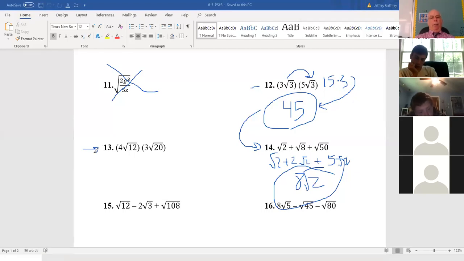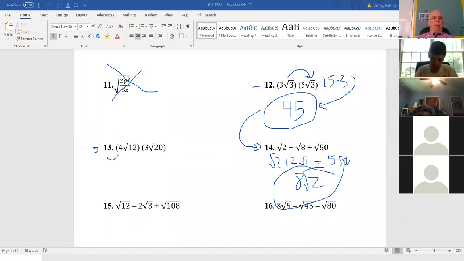Now we could multiply the 4 times the 3 and get 12, and the 12 times the 20 and get what? 240? You could do that, or you may want to simplify these expressions before you do that, and that keeps the numbers a little bit smaller. So 12 is 4 times 3, right? So the 4, we like the 4 because it can come out from the radical as 2.